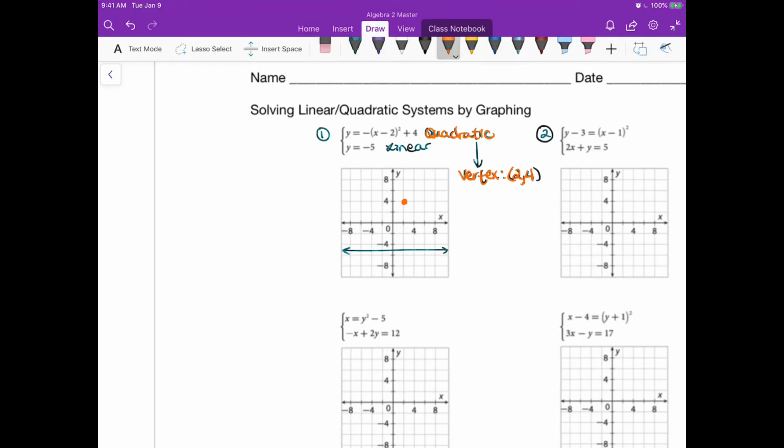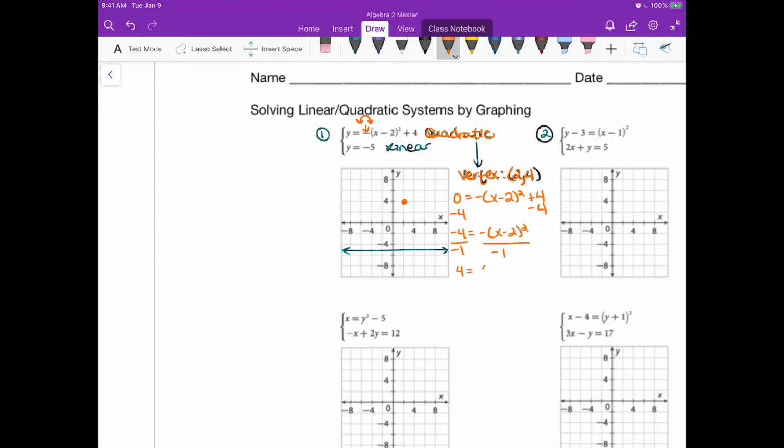That's the vertex. I can tell this negative means that it's going to be facing downward, and then if we set the equation in vertex form equal to 0, we'll be able to find the solutions. So -4 equals -(x minus 2) squared. And before I can take the square root, I need to get rid of this negative sign in front of the parentheses.